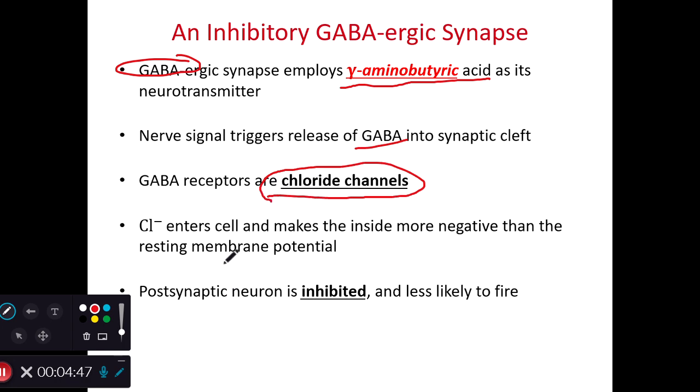And as the chloride channels open up, instead of having sodium ions rush into the cell, we'll have negative chloride ions rush into the cell, making the inside more negative and lowering the voltage. And because we lower the voltage, we are inhibiting the neuron from initiating an action potential.